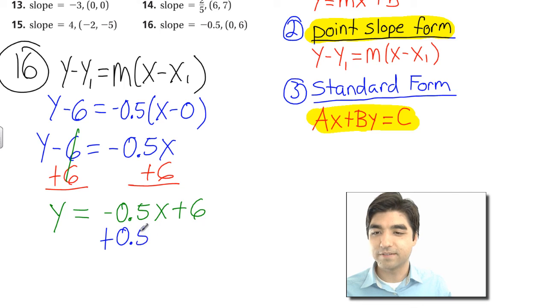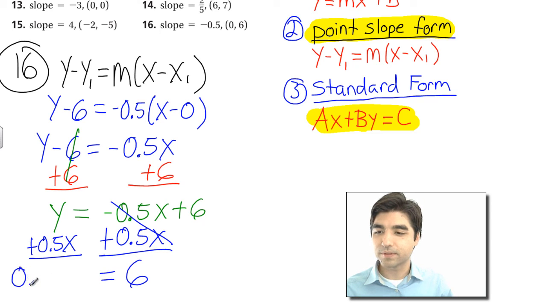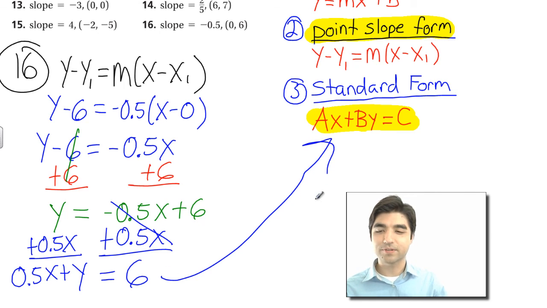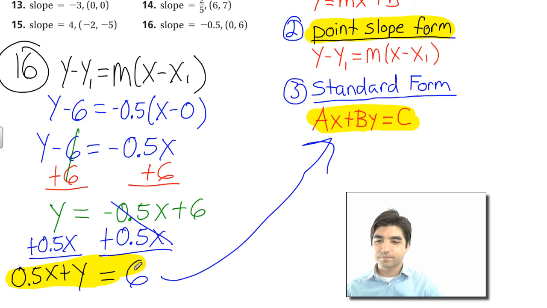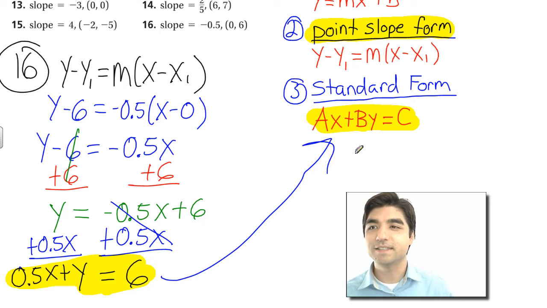So add 0.5x. And the x's cancel out, and we got 6 equals 0.5x plus y. And that is in standard form. And we are done with that one. So that is number 16.